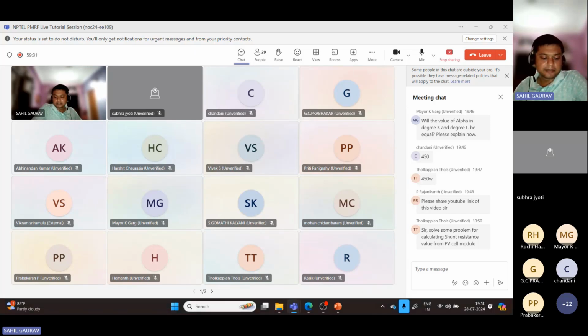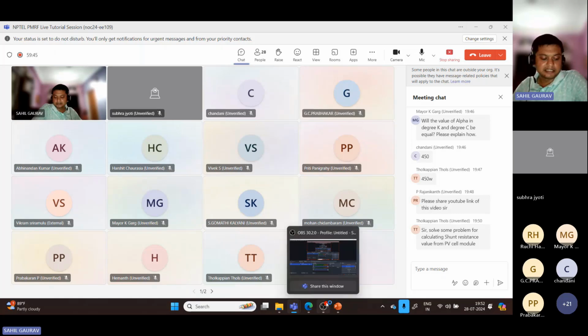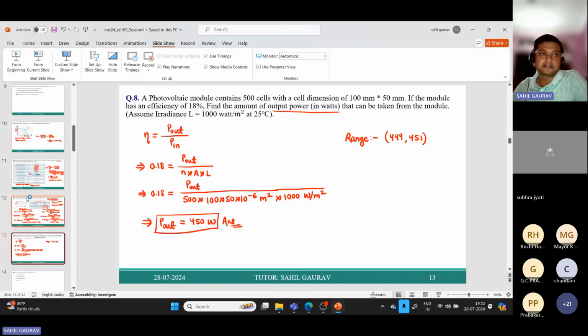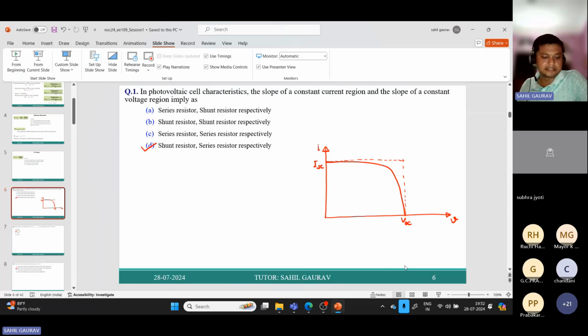So you can write PV current is equal to I light minus the shunt current, that is VPV upon RSH. And when you write the condition for short circuit, VPV is equal to 0. So you will get the expression of PV current in terms of slope. So I will give you a hint here.